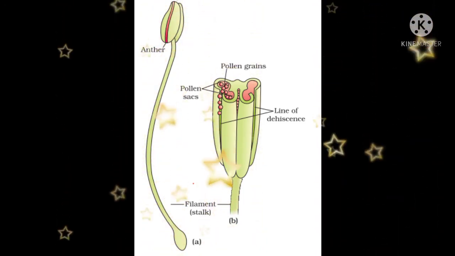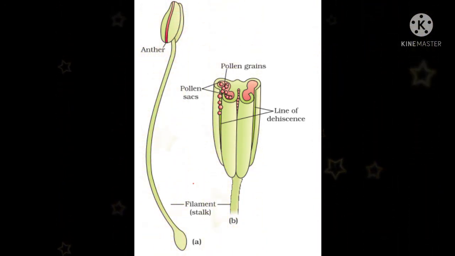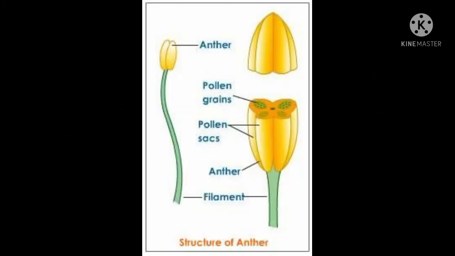The uppermost structure is called the anther. The long filament-like structure is known as the filament. So the male reproductive organ, the stamen, mostly has two parts: the anther, the topmost structure, and the long thread-like structure, the filament.